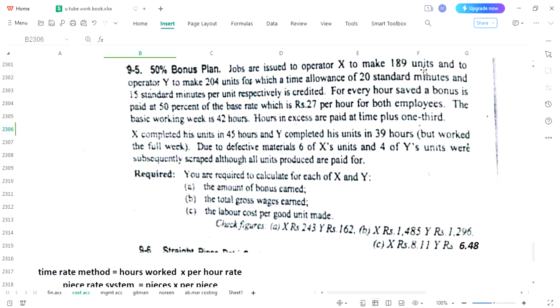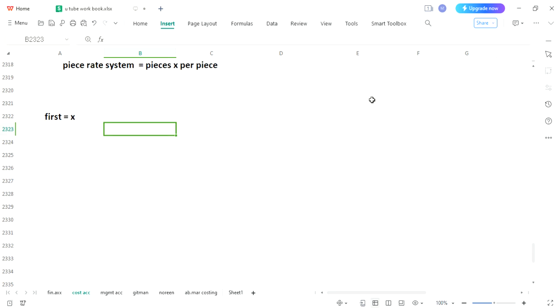You will focus upon these two points. 189 units is the target, and 20 standard minutes are given for how many units? For a single unit. Per unit, it means we can create our standard here.